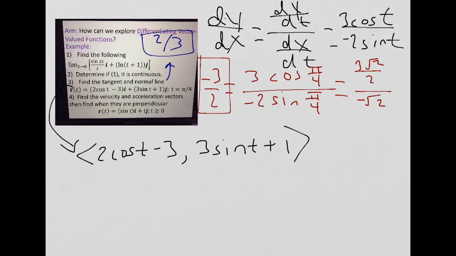Now, as far as the line itself, remember point slope form, you need an x and a y? Well, we have one. We're going to plug in pi over 4 for t. This is our x. And we're going to plug in pi over 4 over here. This is our y.